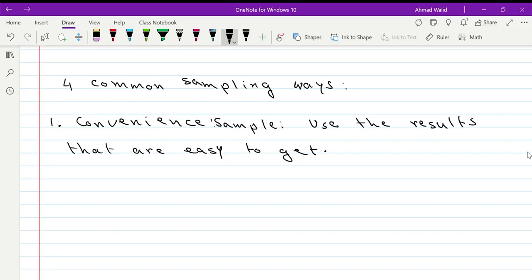For example, in your class of 40 students, I will just choose the first 5 students as a sample, whose names I know. Or they were my students before, and I know them very well. And I ask a question, do you like mathematics or no? I already know those 5 students because they were my students in a previous semester. They will say yes to me, or maybe they say no to me, correct? It's an easy way because I know 5 people in that class, so I will select those 5 people as a sample.